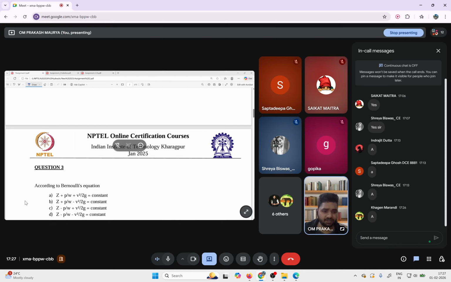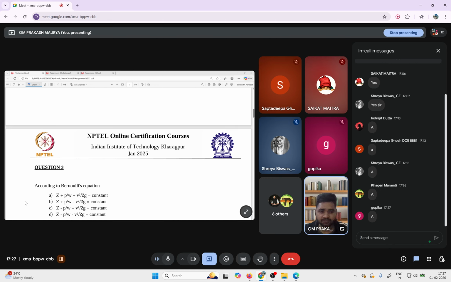Kazin is telling option A. Okay, fine. Another student, please also try to solve. Gopika is also telling option A. A means Z plus P by W plus V square by 2.